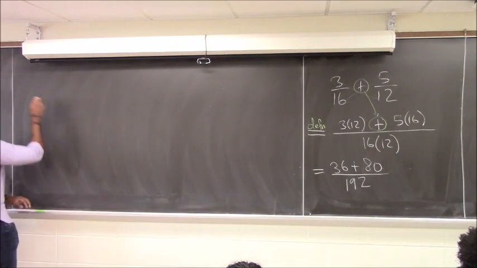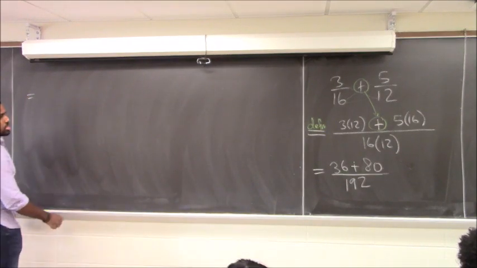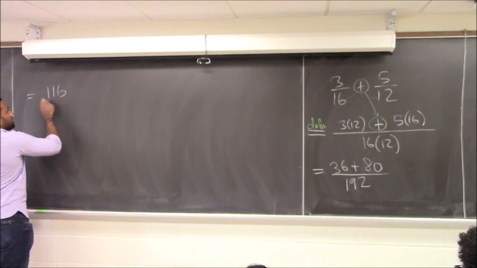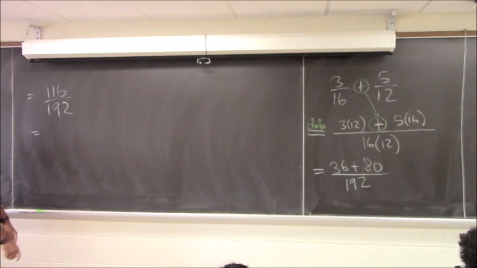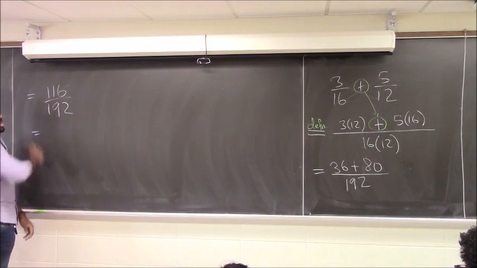How can we finish this up? We can add the 36 and the 80 and we would get what? 116. Okay, now let's reduce that. Well, we can take 2 into this, right? That's even.